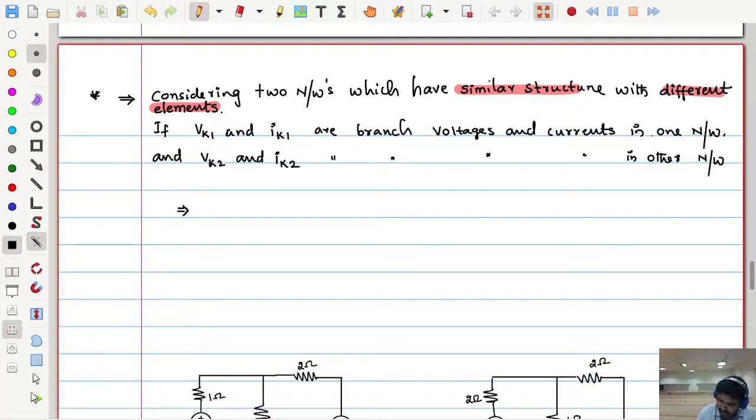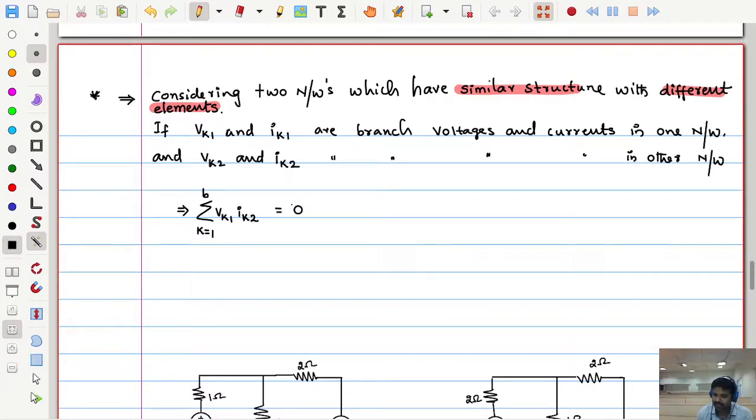The network 1 voltages into network 2 currents of the corresponding branches. See that Vk1 is the first network voltage, Ik2 is the second network kth branch current. If we add up network 1 voltages into network 2 currents for all the branches for k equal to 1 to b, it should give 0.